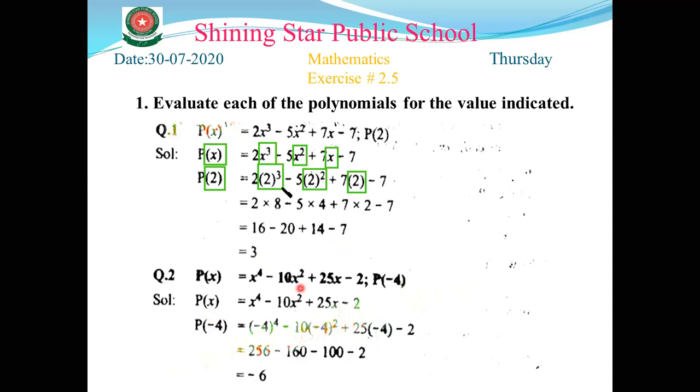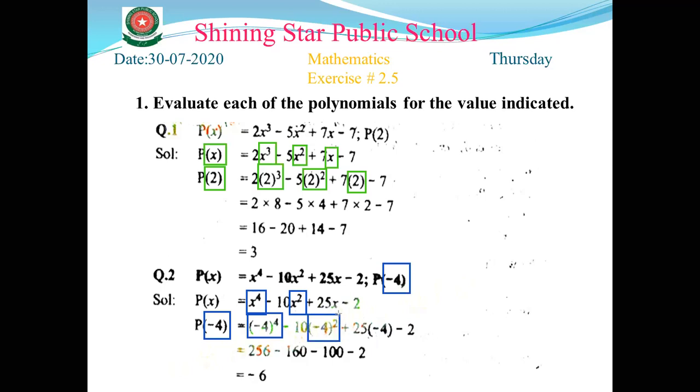Now in this question, we replace the x with minus 4. Okay. Now here we have x power 4, it means minus 4 power 4. Here we have x square, so it means minus 4 square.